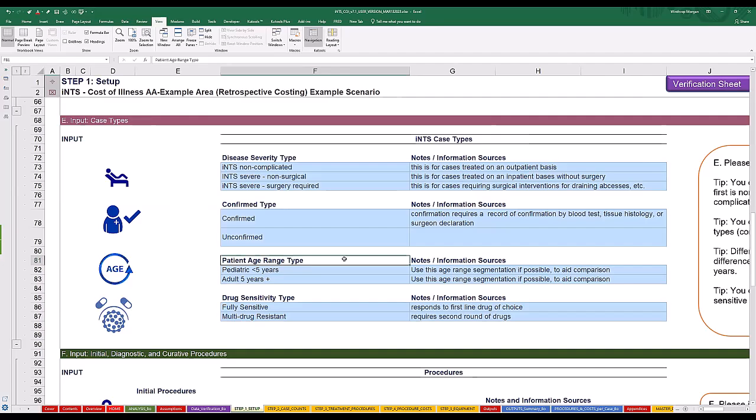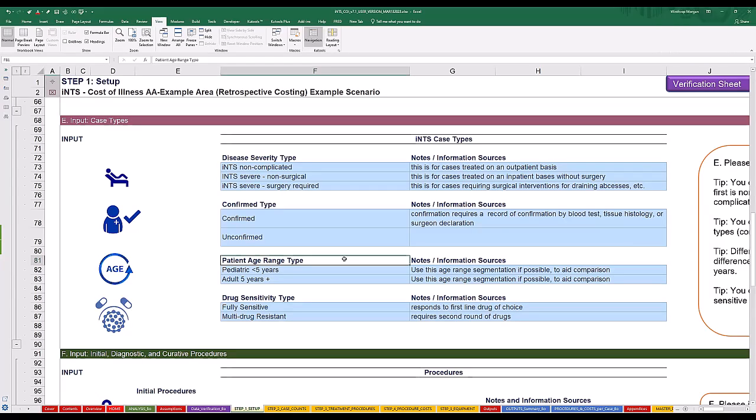Is that what you mean? Yes, that's correct. And that comes directly from our work on typhoid. When we had this discussion about typhoid, we agreed that a surgeon's declaration was needed if there was an absence of a blood test or tissue histology. We didn't say it was a clinician's declaration. We said it needed to be a surgeon's declaration. And that, of course, would only happen if there was surgery involved. So others would be unconfirmed.